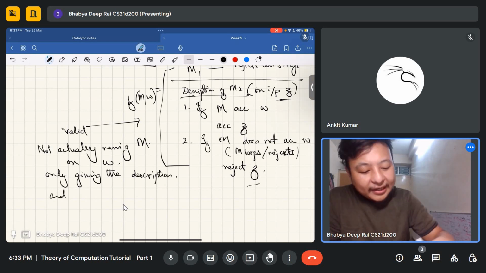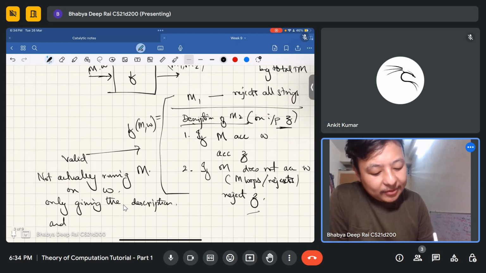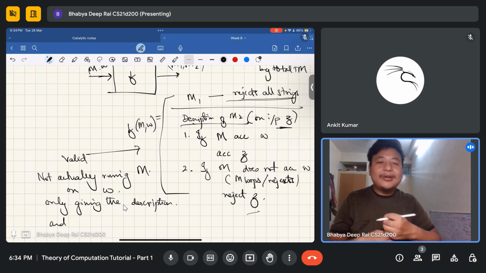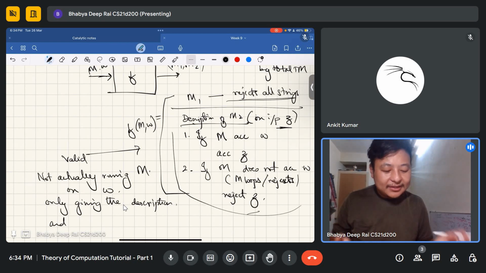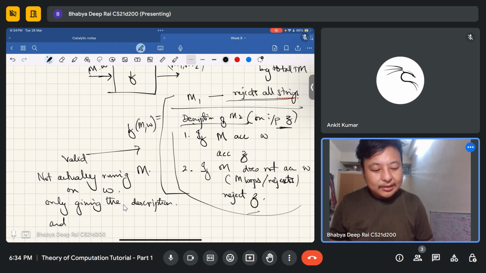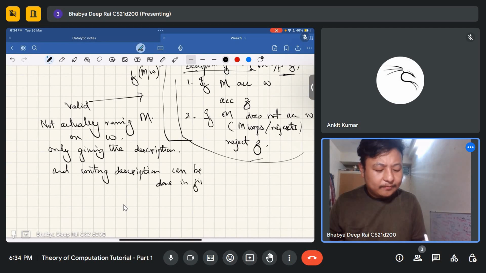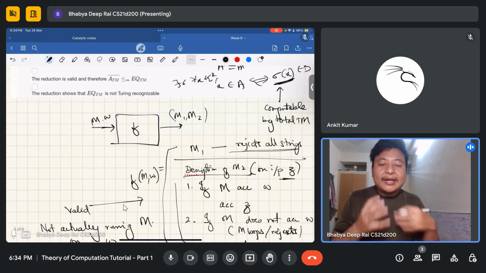And writing this description will not loop. Making a Turing machine that always rejects is always doable; it will not take infinite time to come up with a machine that does this. We can program it that way. Similarly, writing the description of M2 does not take infinite time. It can be done in finite time. So all we are doing is writing the description, not actually running it.